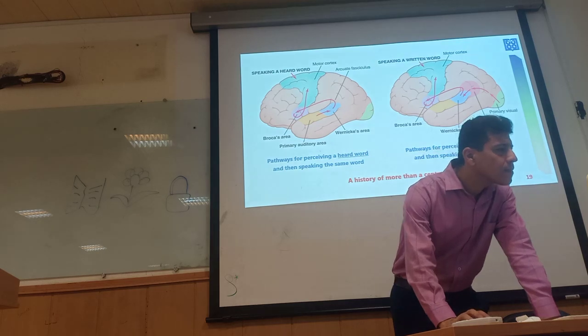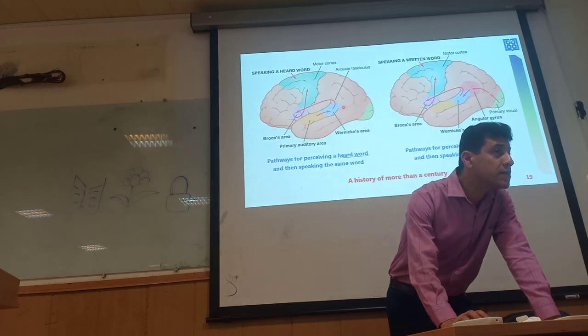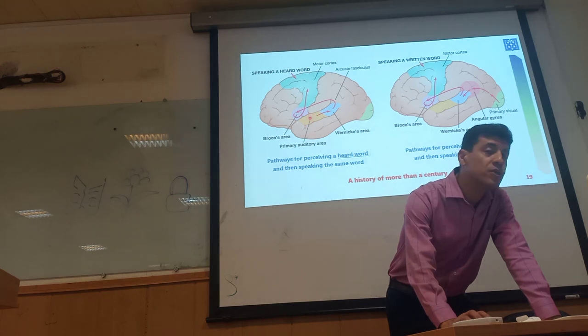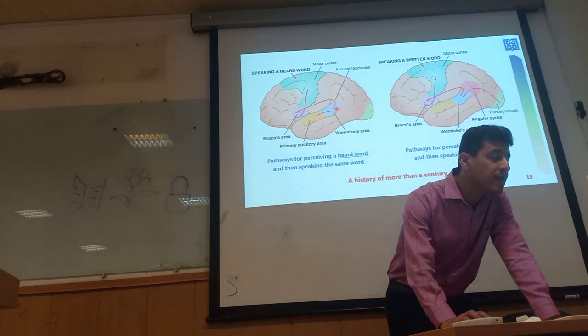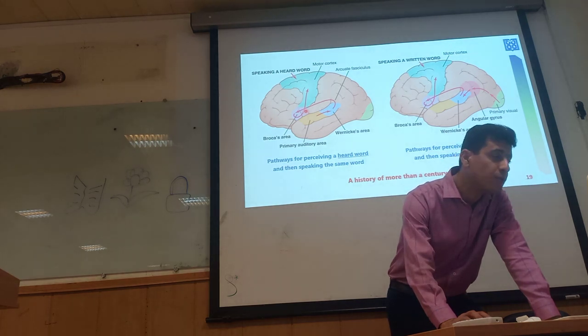So, based on the Wernicke's and Broca's theory, when we hear something and repeat the word, we use this circuit. We hear the word by the primary auditory cortex, then information enters the Wernicke's area. Here the meaning of the word is understood. Then information goes through the arcuate fasciculus to the Broca's area. Broca's area generates a map or a complex program for saying the same word.